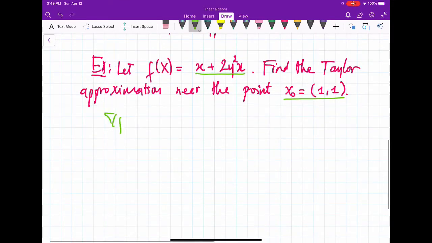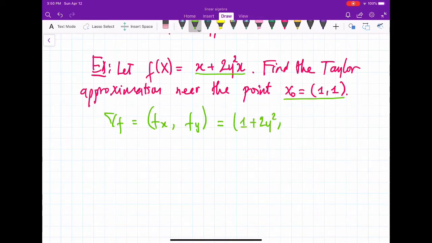So I need to find the partial derivative of f with respect to x and of f with respect to y, and that is 1 plus 2y squared, and here I have 4yx. Don't forget that when you find a partial derivative, you look at the other variables as constants, so you just apply differentiation rules from calculus 1.